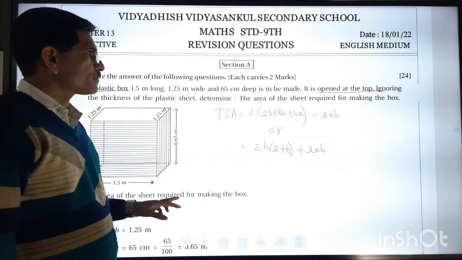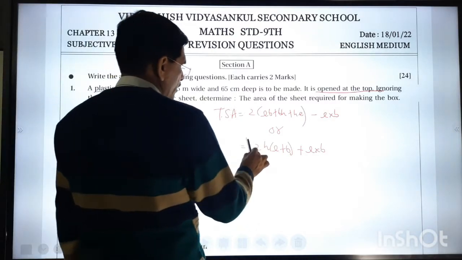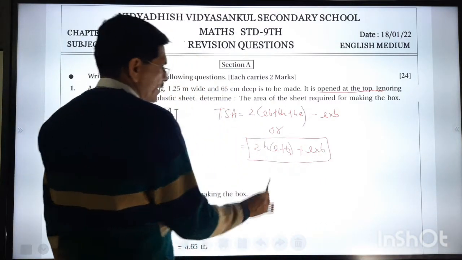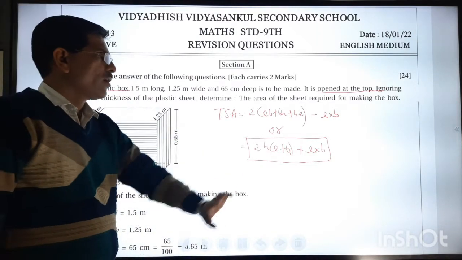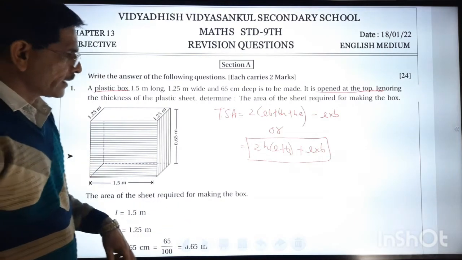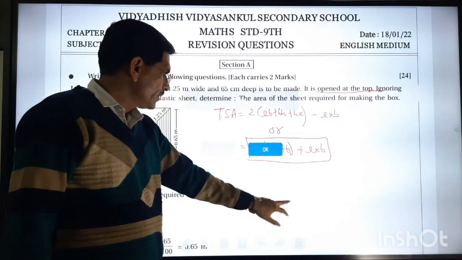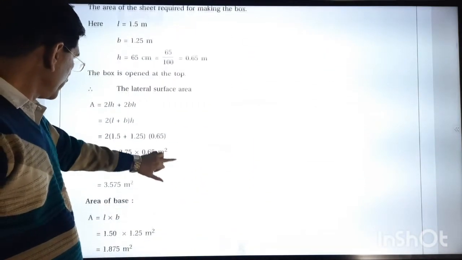Here length, breadth and height are given, so it is better to use the formula lateral surface area of cuboid plus area of base, because the base is a rectangle. Now let me see the numericals.